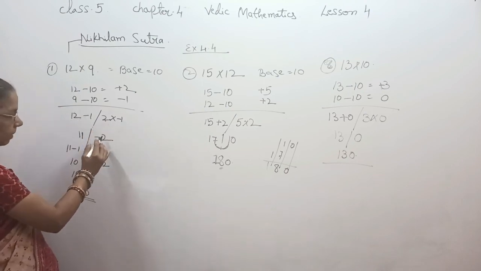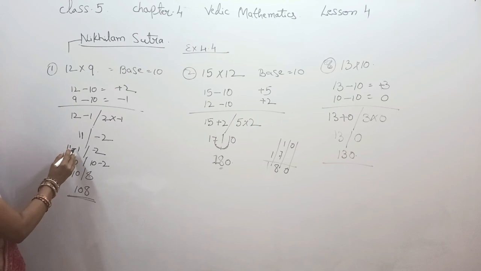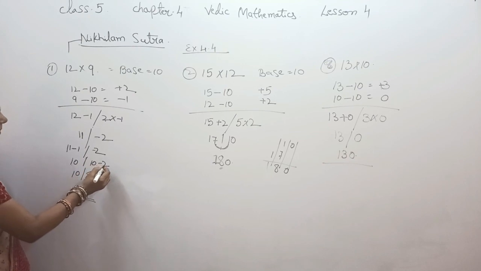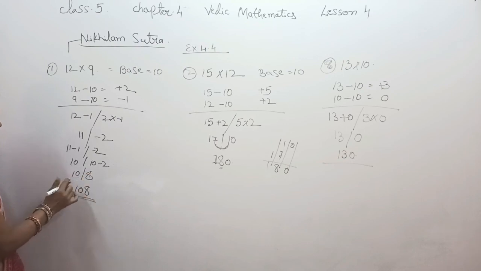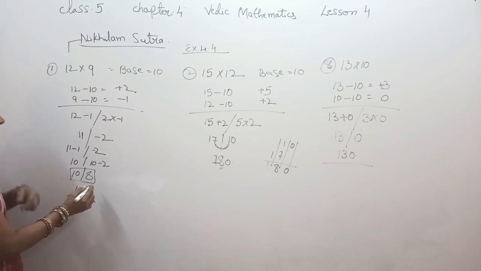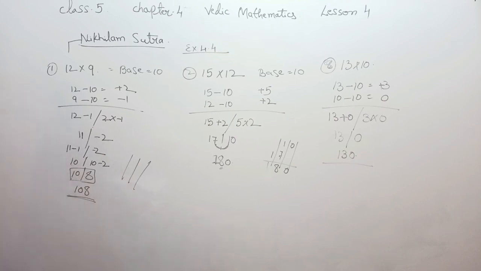If the product is minus, transfer 1 to the left side and subtract it. Then using the base, convert the right side number into positive. Then put the answer of these numbers on either side of the slash, and add them using the slanting method.